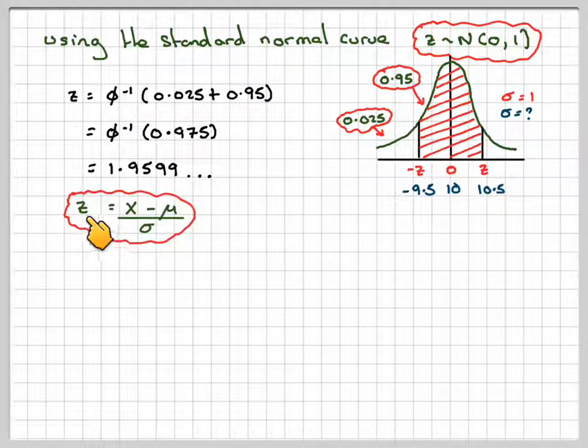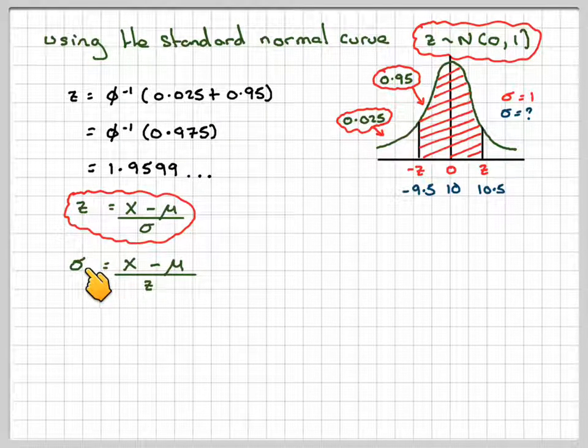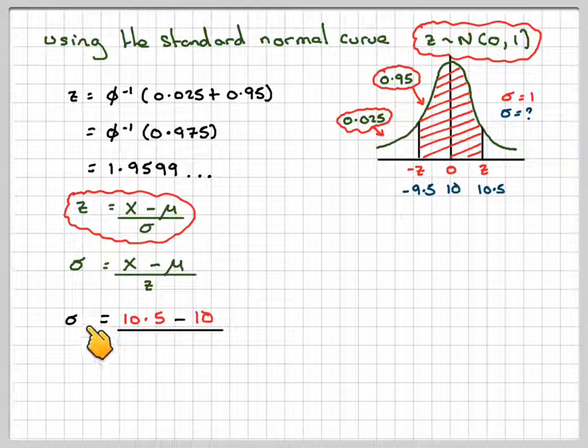Z and x are related by z equals x minus the mean divided by the standard deviation. Rearranging that, the standard deviation sigma will be x minus the mean divided by z. Putting in the numbers, the standard deviation will be 10.5 minus the mean 10 divided by 1.9599.